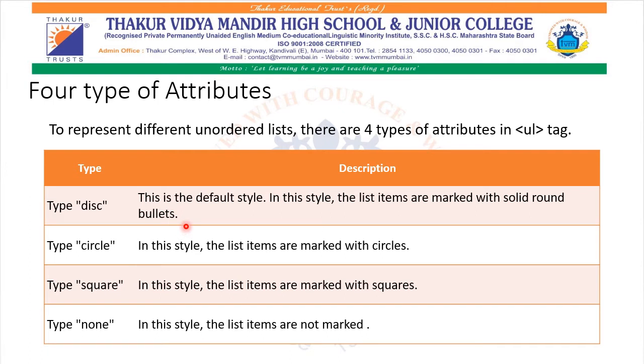In this style, the list will be marked with a hollow circle. Third type is square. In this type, the list of items is marked with a square bullet. And the fourth is none. Here the list of items are not marked with any bullet.